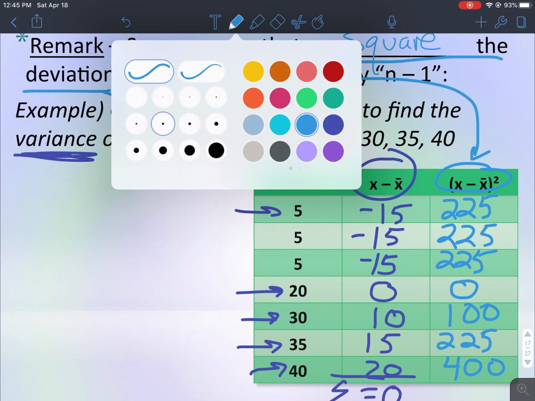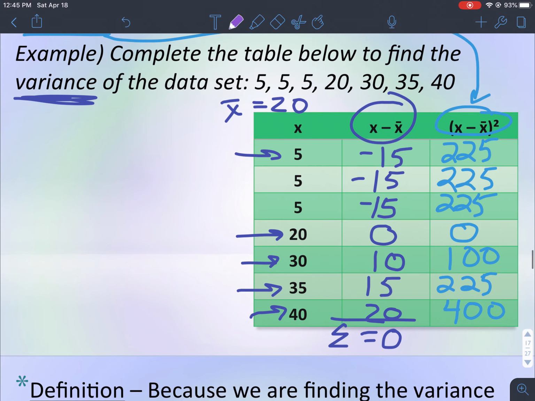How about what happens when you add up this column? That's going to be the sum of x minus x bar squared. And when you add all of those up, you should get 1400.